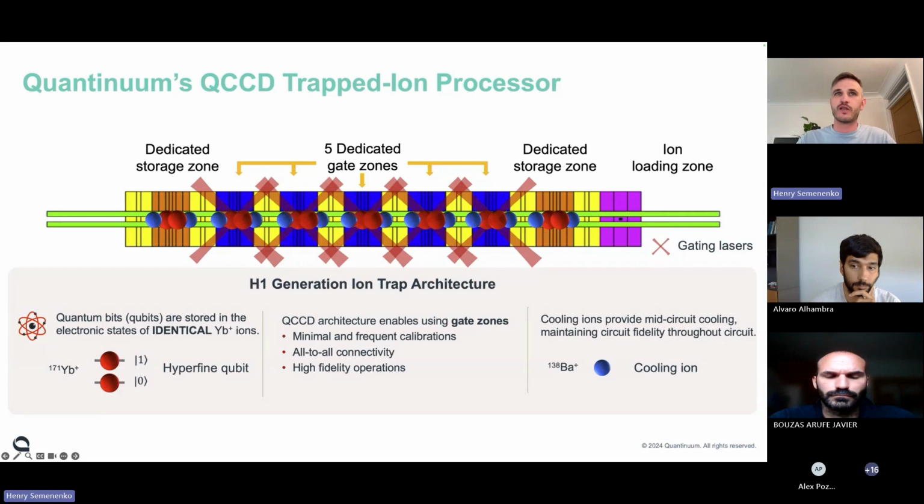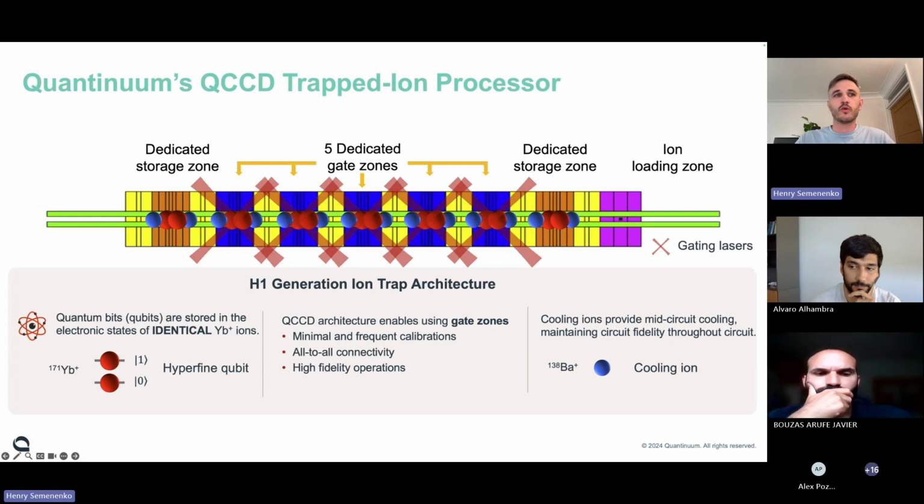We trap ions above the surface of this trap, and we can move them around into the different zones. The qubits we're using in this architecture are ytterbium-171, and our qubit state is the hyperfine state of these ions. This is how we determine our zeros and ones.